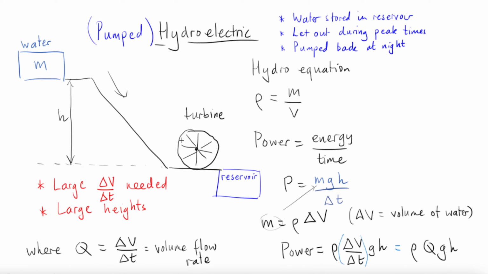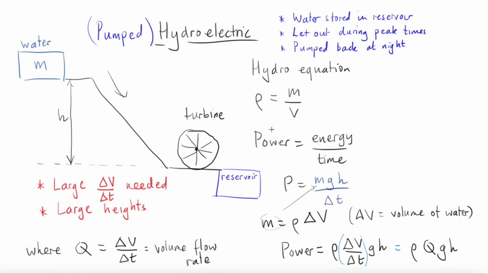Another common, at least in the Swedish context, renewable power supply is hydroelectric. That's where you have a mass of water dropping a certain height h, turning a turbine, and then generating electrical energy. So basically the energy conversion is gravitational potential to kinetic to electrical.